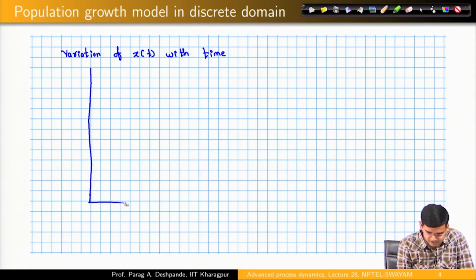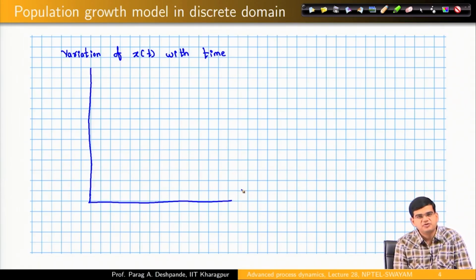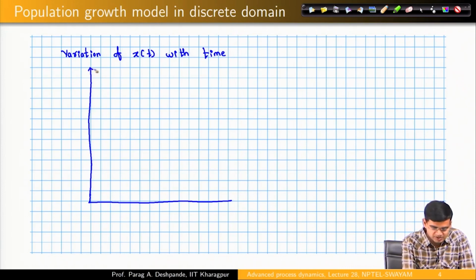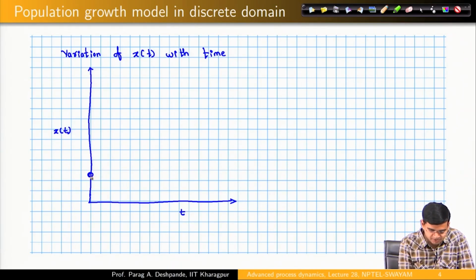Let us say you did this experiment for a very small time. So, you are going to get this, with t along the x axis, x of t along the y axis. You will have some initial population x 0, and then you will keep on having these observations.